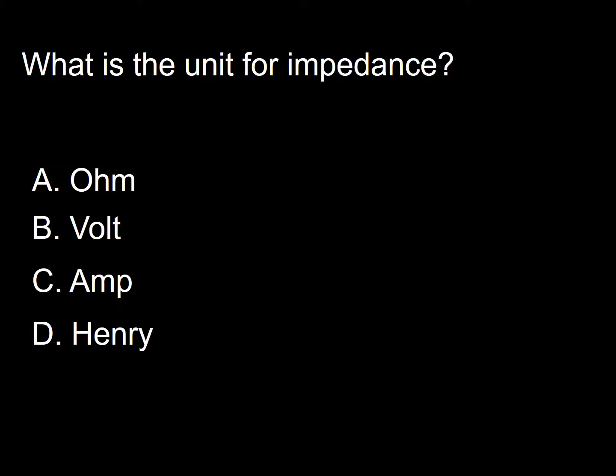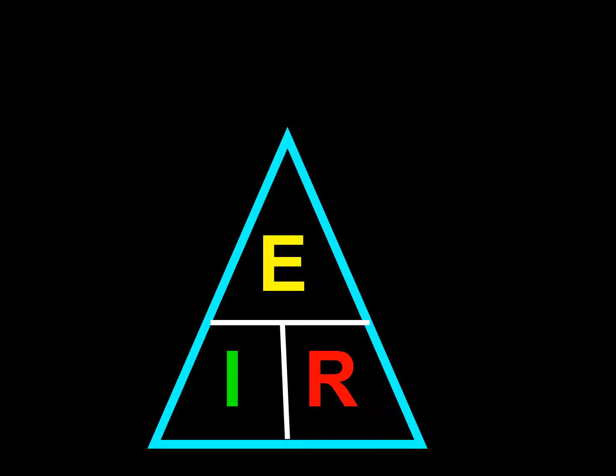Next question. What is the unit for impedance? A ohms, B volts, C amps, D Henry. You remember this triangle from before. It provides a way to remember the relation between electromotive force, current, and resistance as established by Ohm's law.